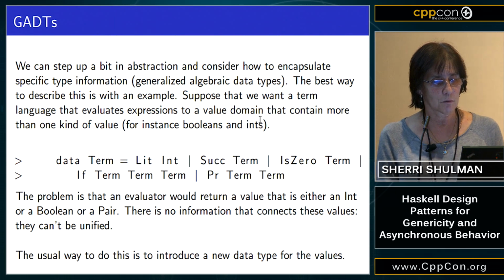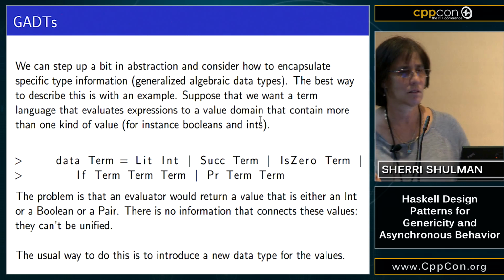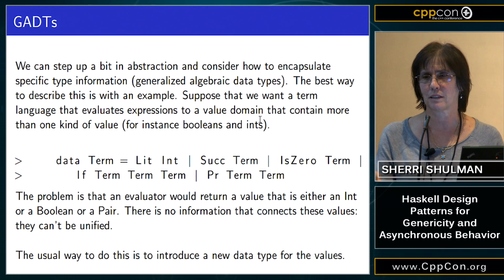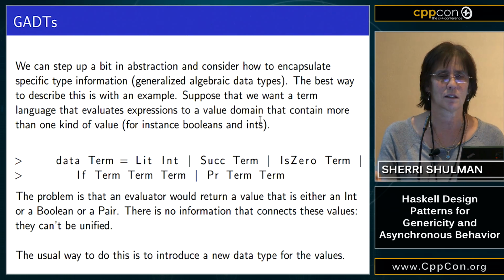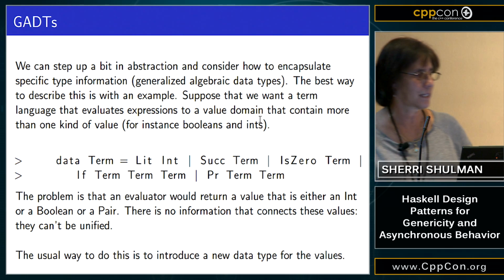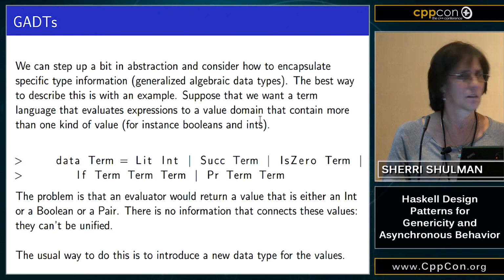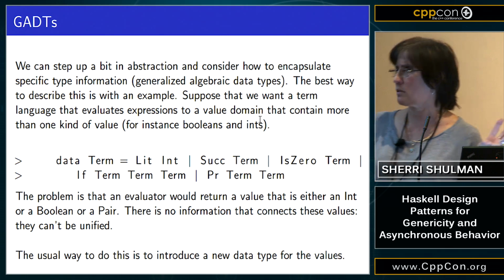Now, the problem is that I can't actually write an evaluator for this particular algebraic data type, because if I think of an evaluator as returning a value in a particular value domain, I've got 3 different value domains specified here: integers, booleans, and pairs.